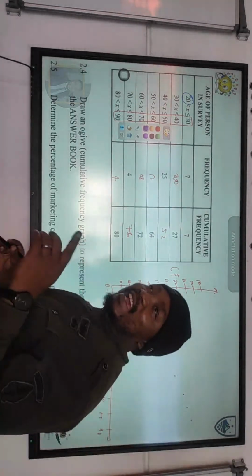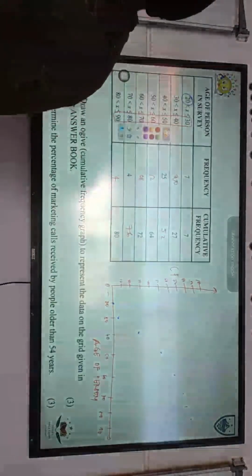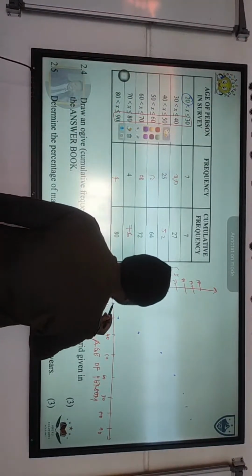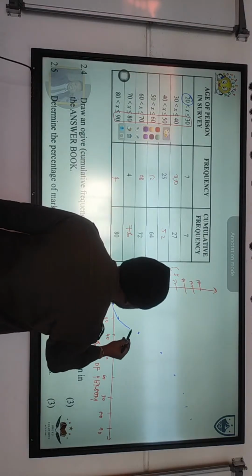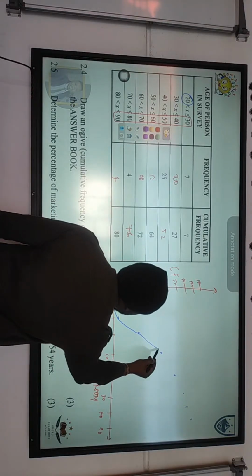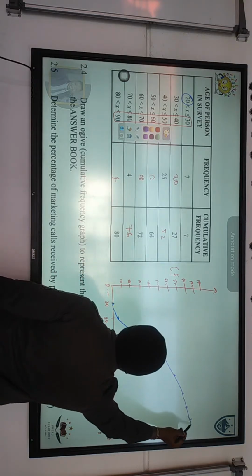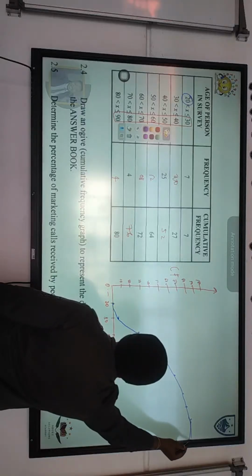And then it must be a curve. It must not have sub-corners. You must try to make it as freehand. You get the message?